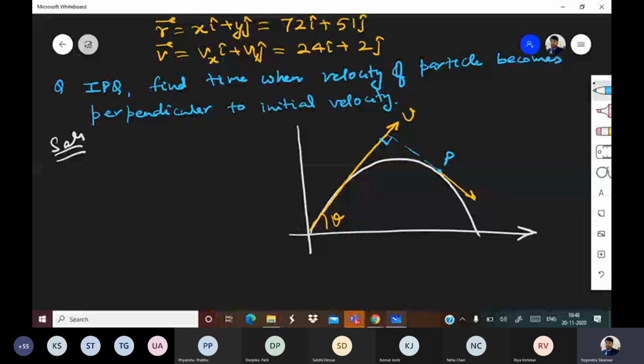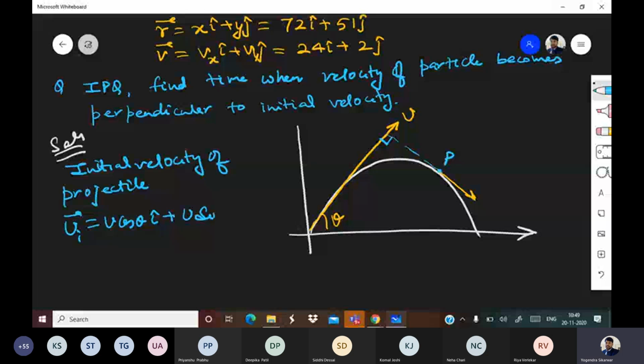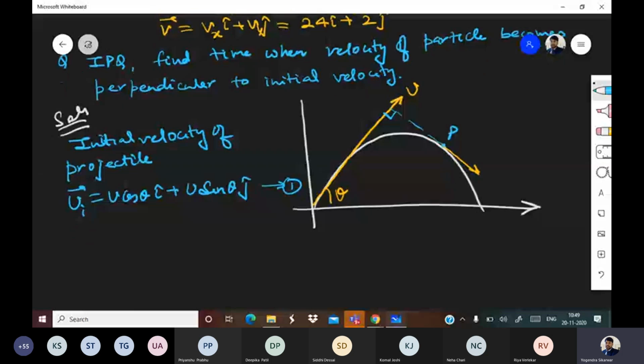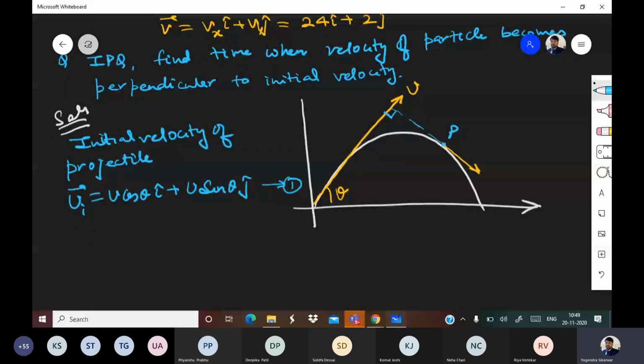So how much was initial velocity? So let us see. Initial velocity of projectile, u vector, or you may call it u initial, is equal to u cos theta i cap plus u sin theta j cap, right? This is equation number 1. Now we have already calculated in previous segment that how much will be velocity at any time t.